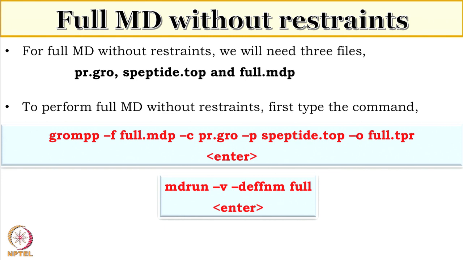After my full.tpr file is generated, I will use it to run my MD simulation. I'll type the command mdrun -v -deffnm full, and then it will give the result of the full molecular dynamics simulation.